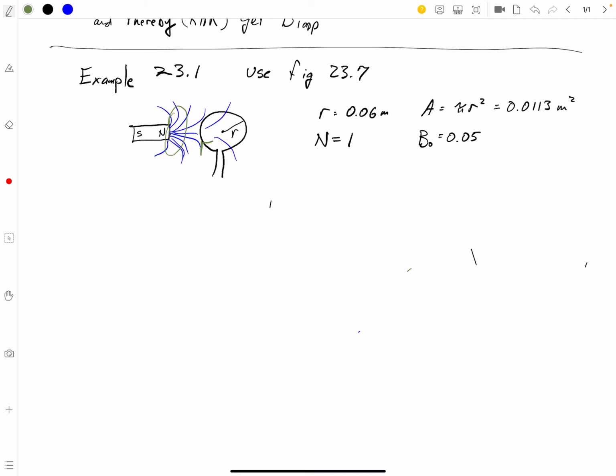So that density is going to increase, and it's a pretty strong magnet. So our B final equals 0.25 Teslas. Okay, so two different things there. All right.